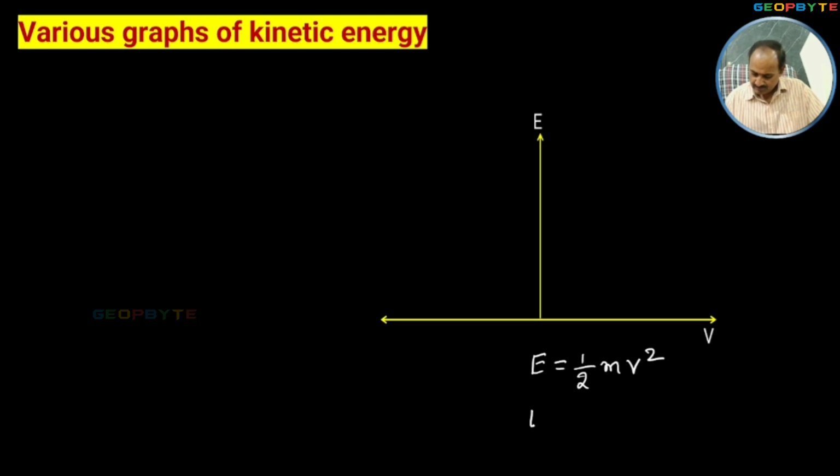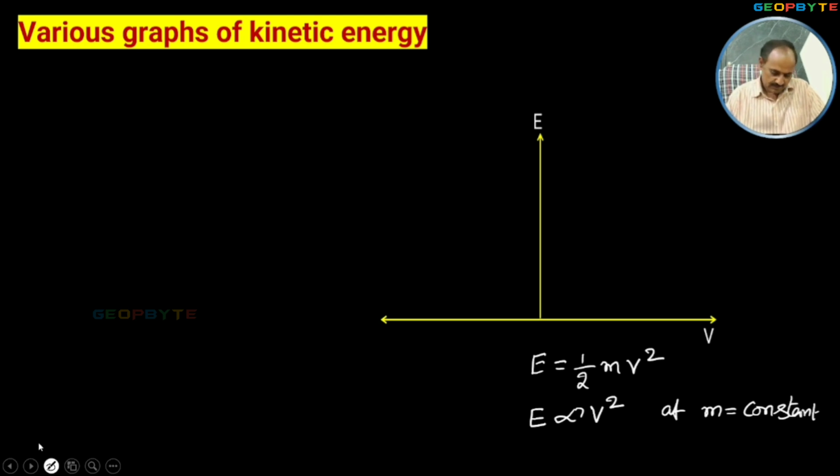From this, I can write that kinetic energy is proportional to square of the velocity at constant mass. So since kinetic energy is proportional to square of the velocity, the relation between the kinetic energy and velocity is parabolic. That graph I can mark like this.